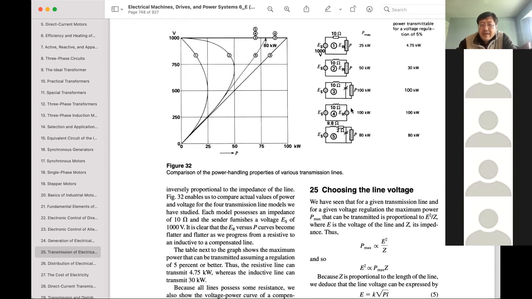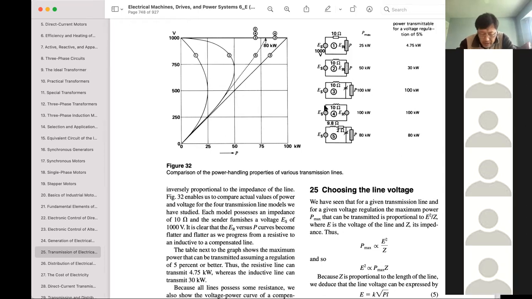Actually, I was reading in the latest news that there are proposals for all the power lines around the world to be interconnected. Right now, America, Canada, Mexico, then Europe, Asia, are not connected.